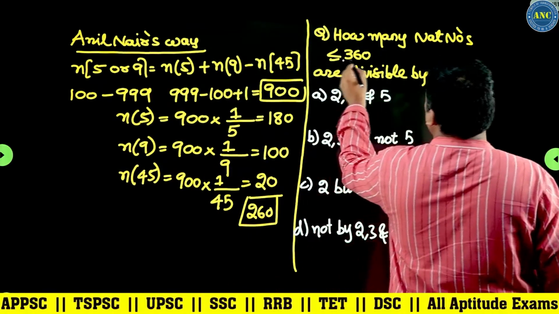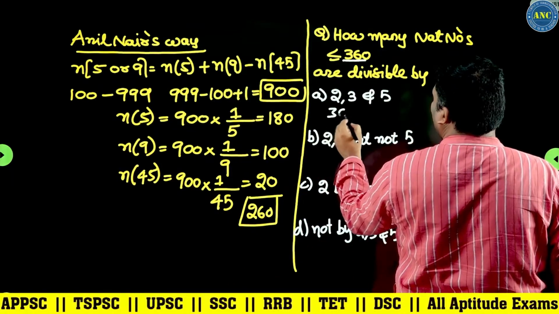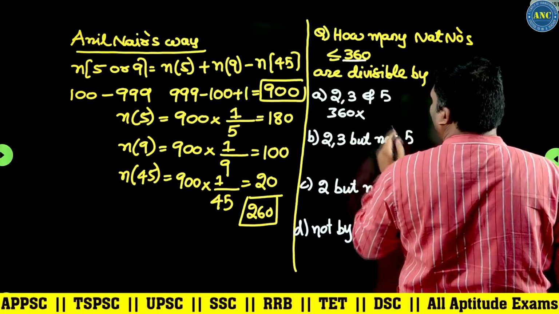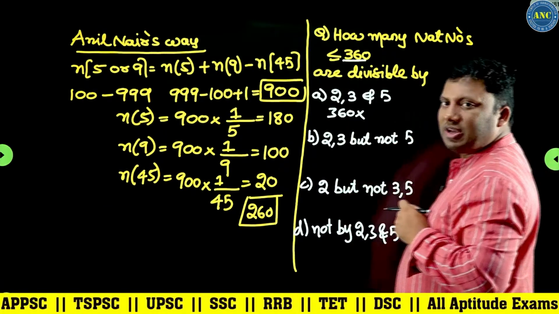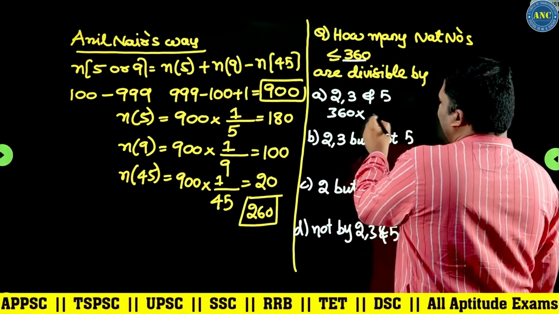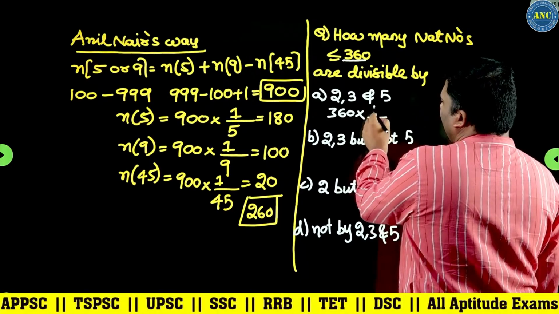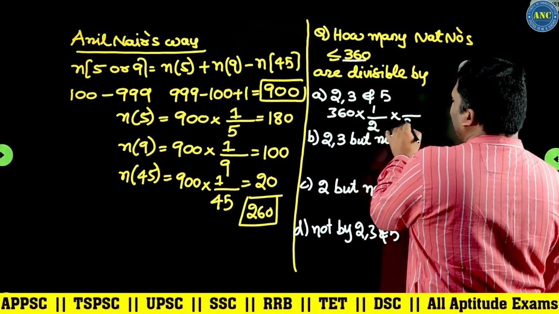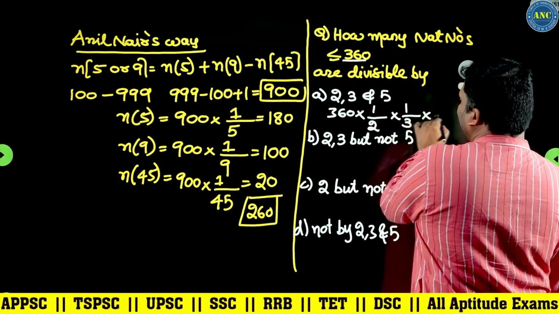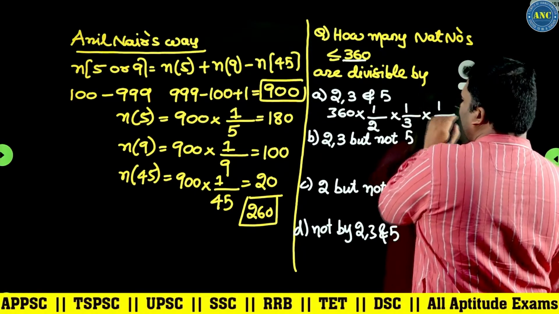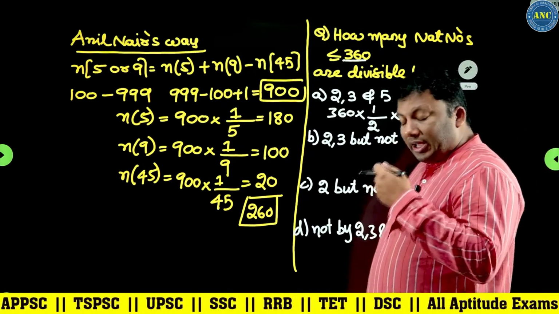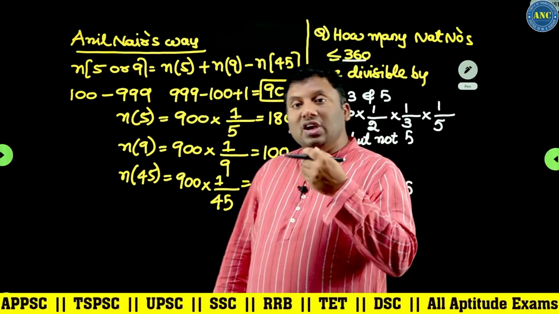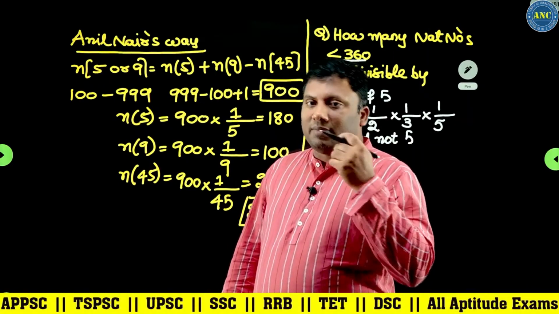If I write all 360 natural numbers from 1 to 360, for every 2 consecutive numbers, one number will be divisible. For every 3 consecutive, one number will be divisible. Take any 3 consecutive numbers, 6, 7, 8, one is divisible.